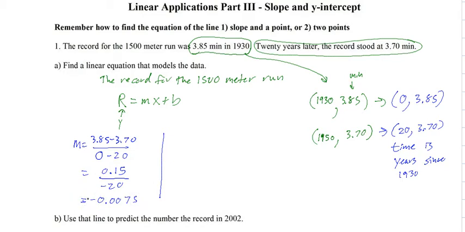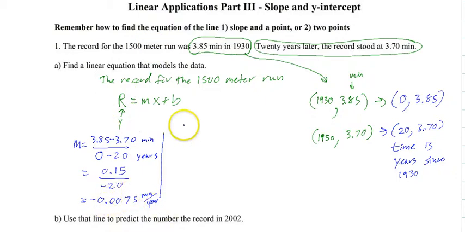So that's our slope. And what does that mean? Well, our rise here is minutes, and this is years. So this means we're going at 0.0075 minutes per year. So it's saying the record for the 1,500-meter run is decreasing 0.0075 minutes per year.